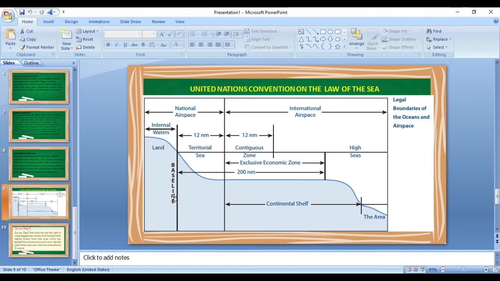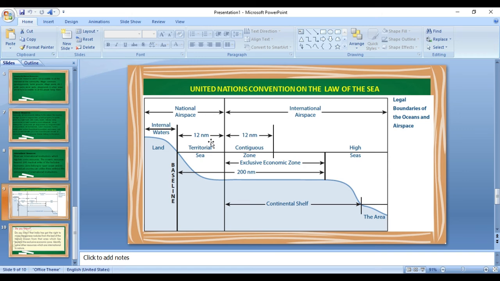Right. Now from the baseline, you can see this is the baseline. From the baseline to 12 nautical miles towards the sea, that is called territorial sea. This is the Indian territorial sea, and the land under this territorial sea also belongs to Indian authority. Nobody else has rights on the seabed, sea, and air of this 12 nautical miles; it is also ours.